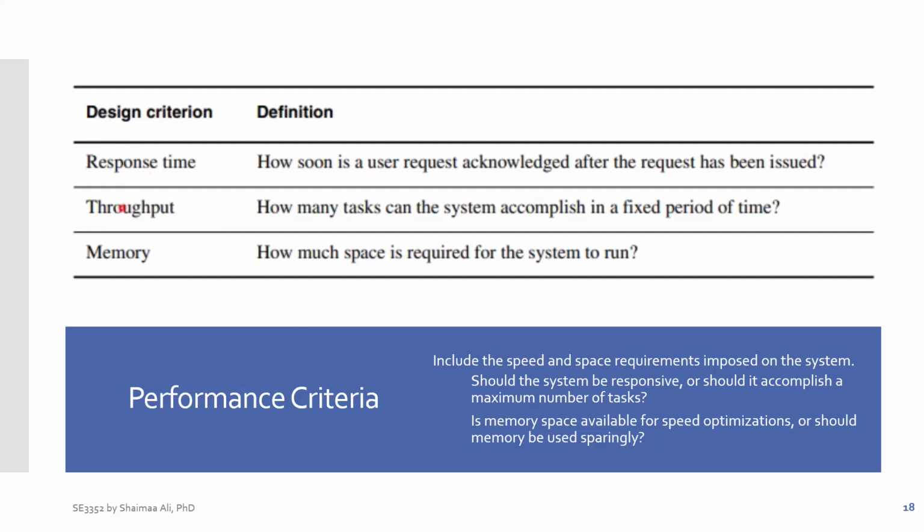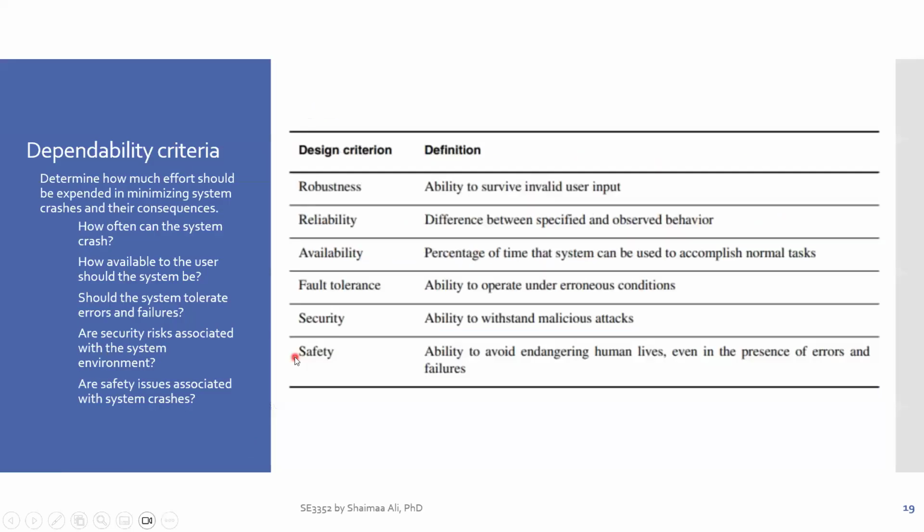Throughput also requires memory. So oftentimes there is a trade-off between memory and throughput or response time, but these are the general criteria for performance.